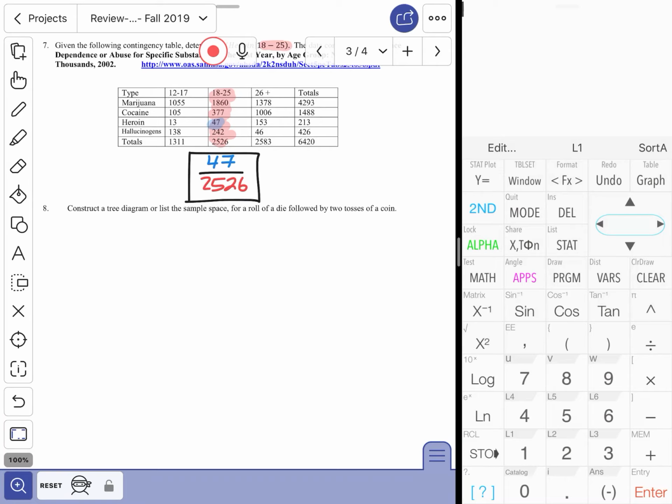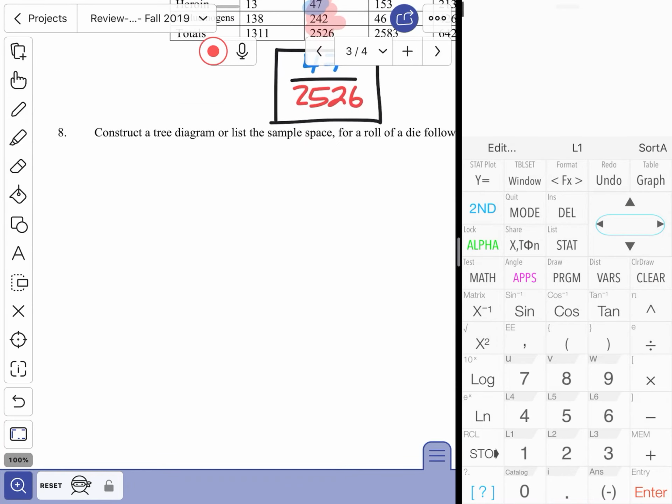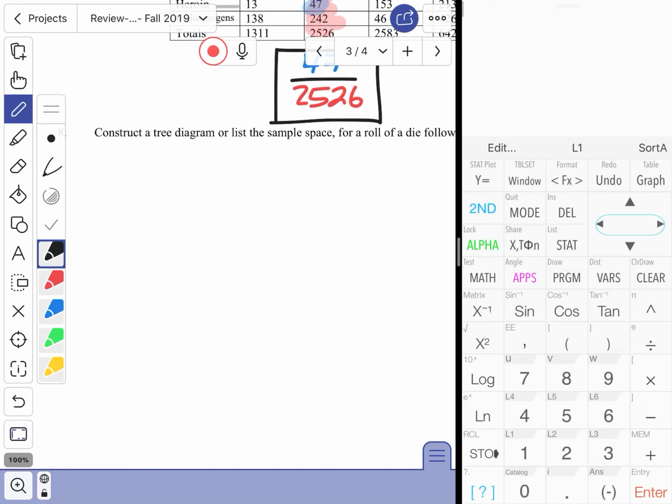I'll do them both for this problem because it wouldn't hurt to get that review. Construct a tree diagram or list of sample space for a roll of a die followed by 2 tosses of a coin. All right, so let's talk about the roll of a die. I'm going to be a little bit more specific. I'm going to write roll of a die because I didn't want to write the word die as a standalone thing.